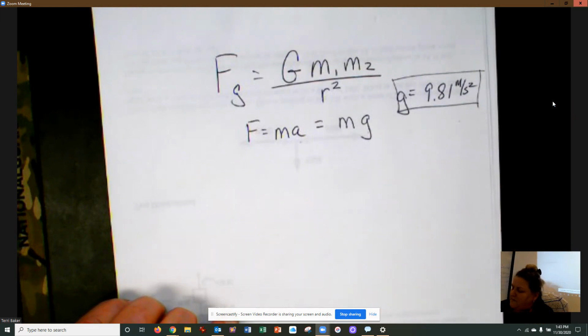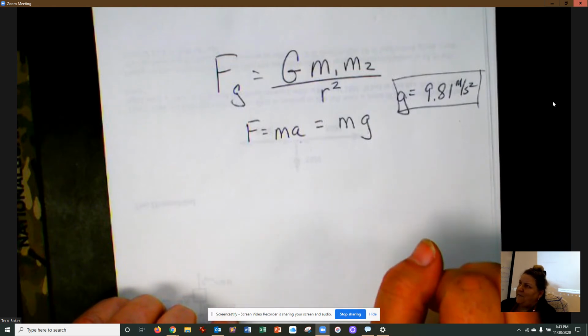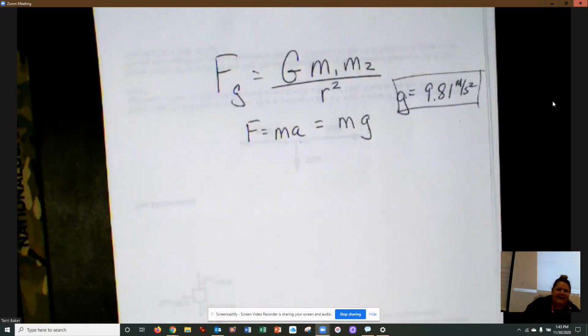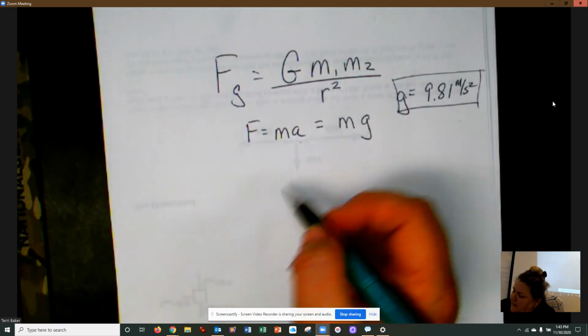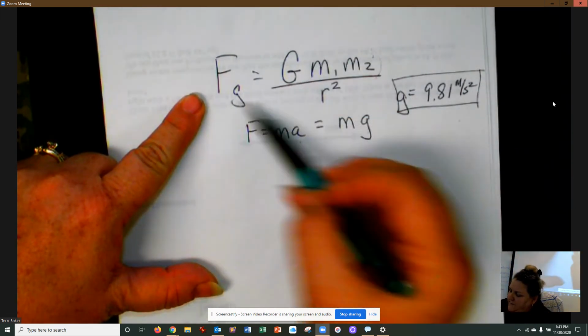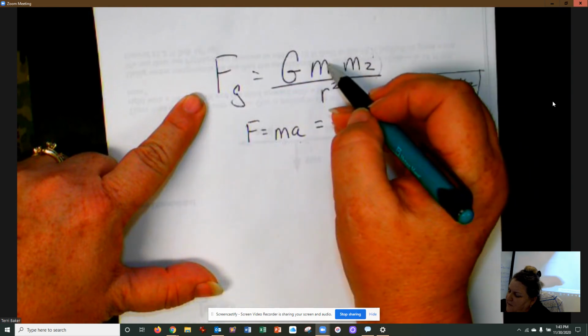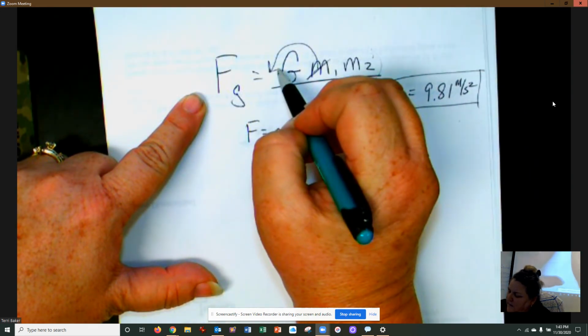It's up on the board. It's behind the screen. It hasn't changed all year. And I keep saying it's constant. But here's where we get g. So if you take this equation and take one of the masses out, that's this one, okay?